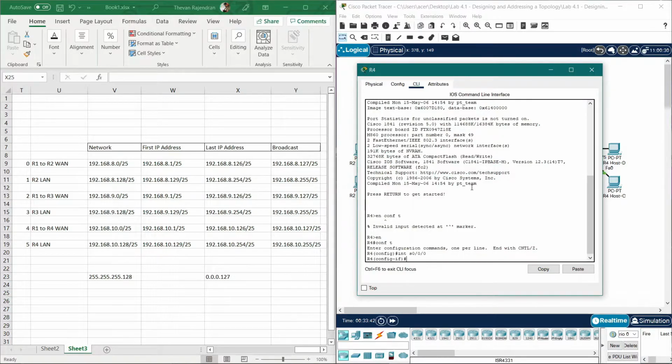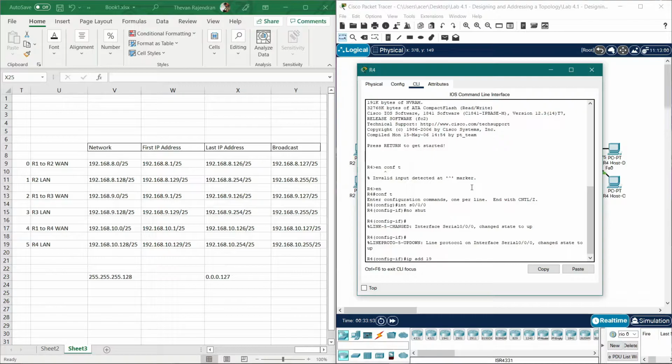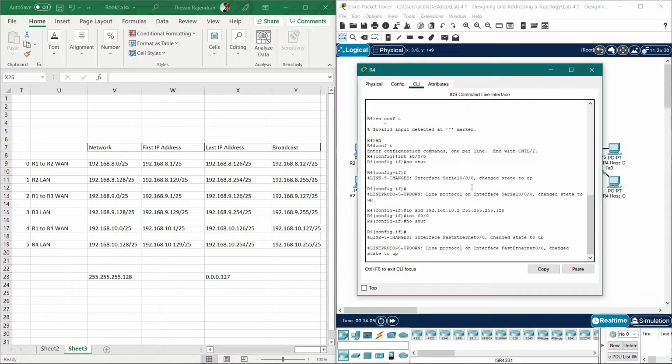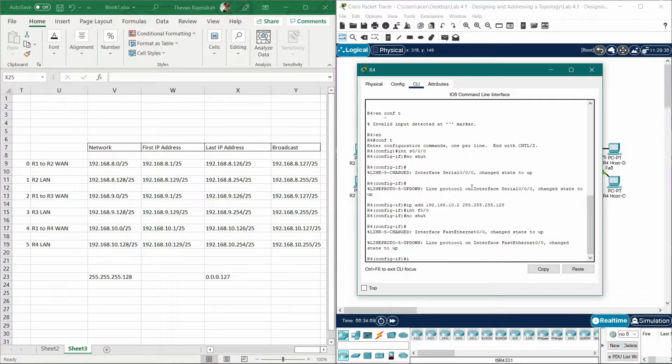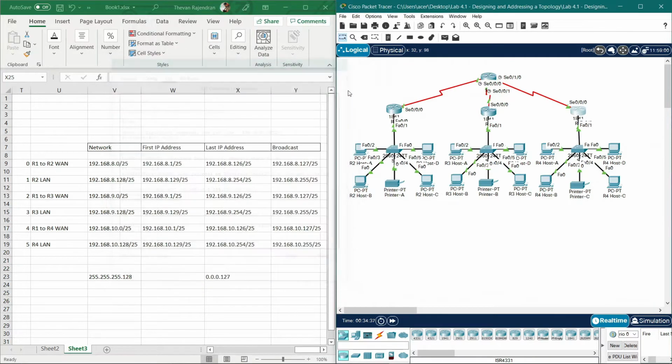Interface S0/0/0, no shut, and the IP address 192.168.10.2 255.255.255.128, and the LAN connection, no shut, 192.168.10.129 255.255.255.128. So that's for the configurations on the routers.